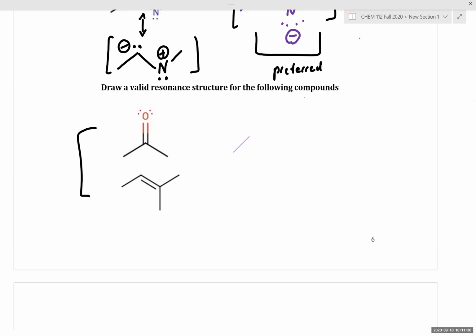And remember, when drawing resonance structures, it's best to start by using the arrow pushing notation, where you draw your arrow showing the movement or redistribution of electron density from our double bond to one of our atoms.